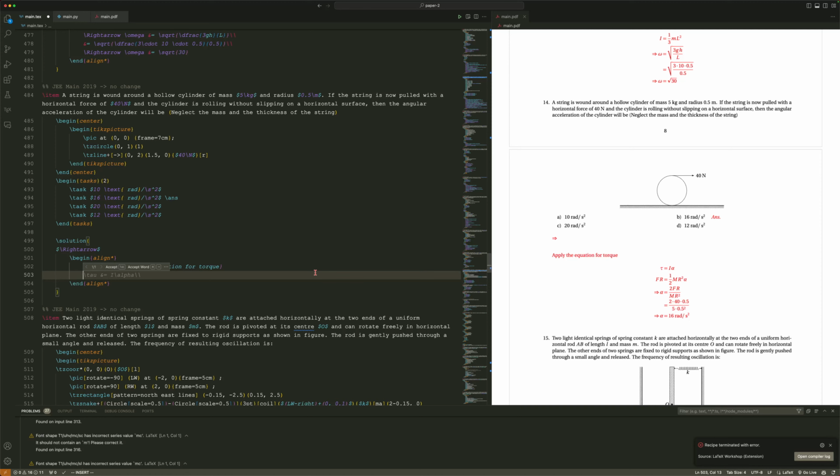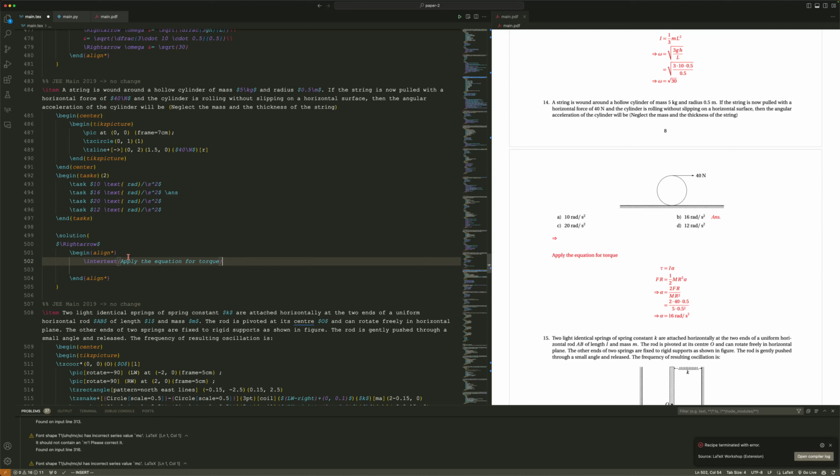Torque will be 40 times the diameter, and the moment of inertia about the contact point will be mr square about the center of mass, then shifting according to the parallel axis theorem, again mr square. So 2mr square will be the moment of inertia, and here it is using half, which is totally wrong.